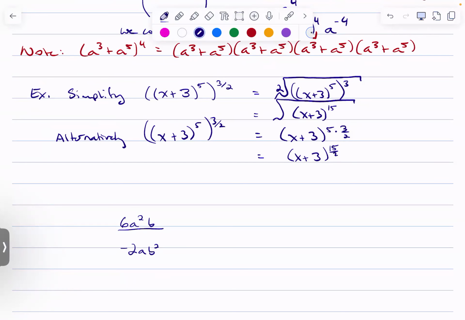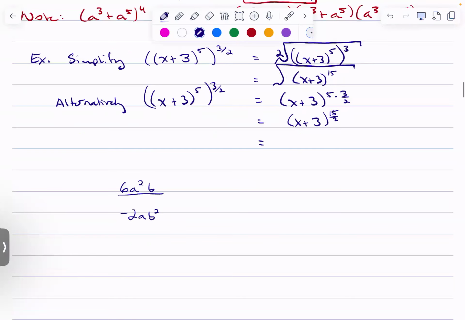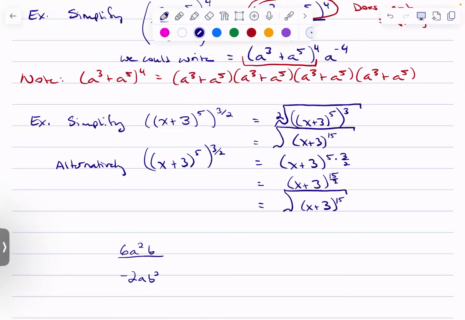Multiplying fractions, you're allowed to just multiply across, which means that I have the square root of (x + 3) to the power of 15. So kind of two ways that you could go about it. I defaulted to this way just because it's, I guess, slightly shorter. But maybe this way it's easier to see what happened.